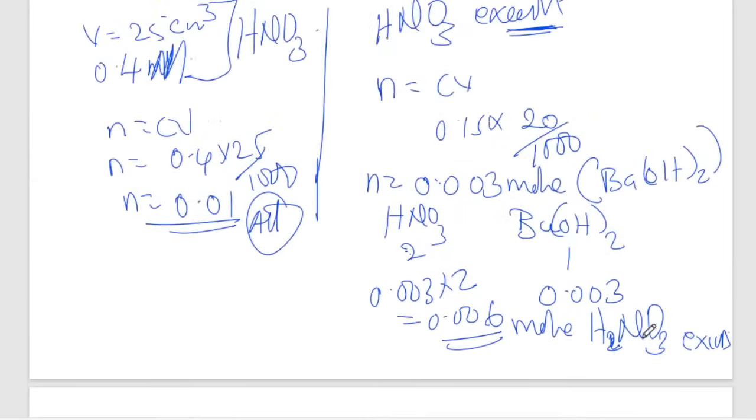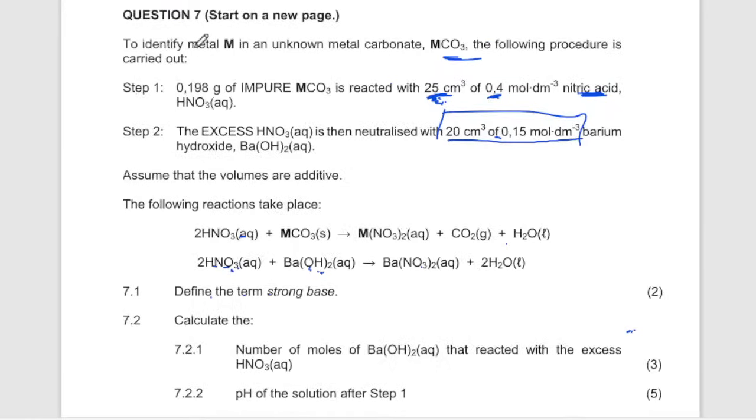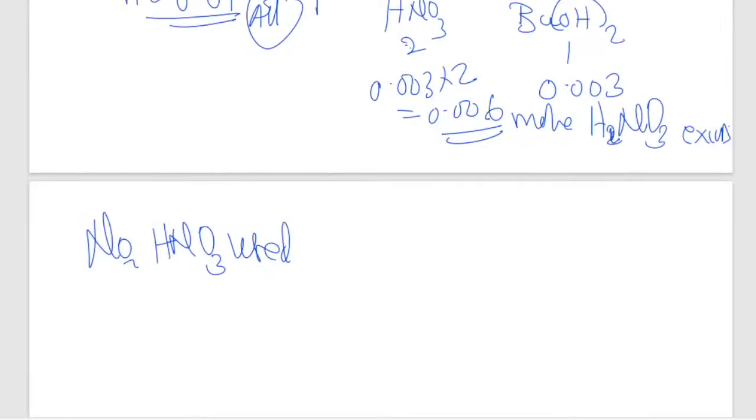Yes. So now once I get the number of moles of nitric acid in excess, I can subtract this from this. So I'm gonna say number of moles of nitric acid used, because that's what we want. We want to know what is used, because the one which was used to react with this impure, this, so that we know exactly.